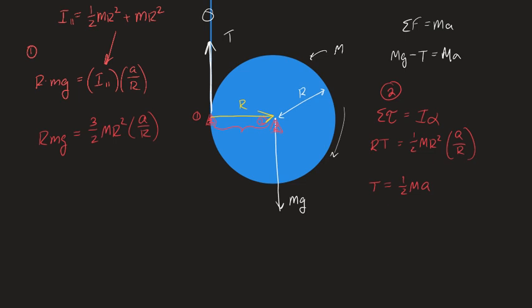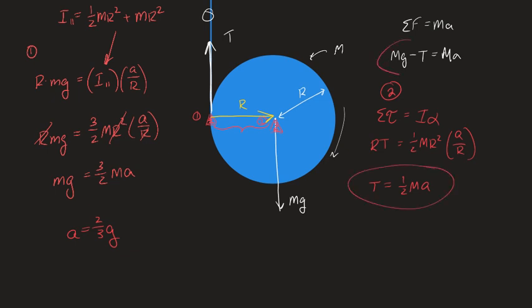Both of these yield the same answer. You may not see that, but they do. The left side, once I cancel out all the R's, I can solve directly for the answer without having to use the net force. Do you notice that? This one relationship is enough for me to solve for a and find that a is 2/3 g. This side, I can't do that because I did it in terms of tension.